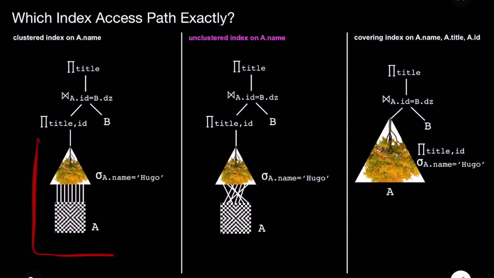As you remember, clustered means on the leaf level, the order of the keys is the same as in the data store. That's cool because you do a random access to the entry point, and then you scan sequentially. Not much random I/O. But if it's an unclustered index, then these arrows go crisscross. So potentially for each and every lookup, you may have a random access. And that may be really, really expensive.